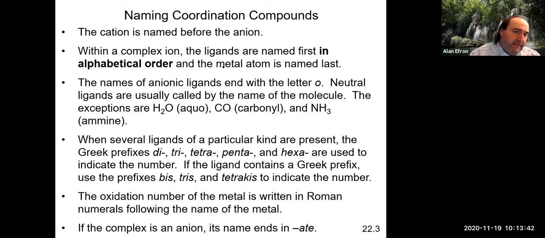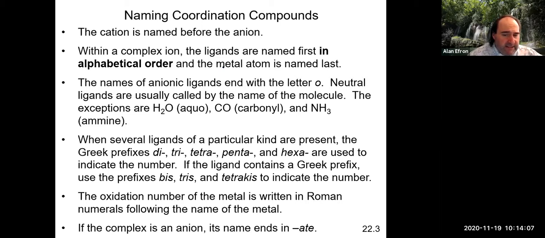What that means is, whatever part of the coordination compound you're naming, as we just saw, the complex ion could be the first part or the second part. In the part of the name that involves the complex ion, you always end with the metal as the last part of the name.